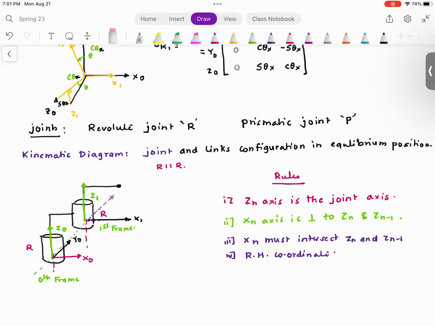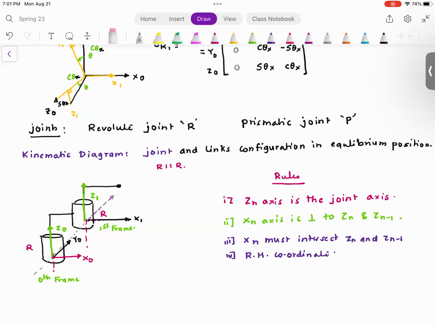So if your X0 is in this direction, just for the sake of simplicity, draw X1 in the same direction. I could have drawn Z1 going down, and that should not have been any problem. But since my Z0 is going up, I'm drawing Z1 going up.